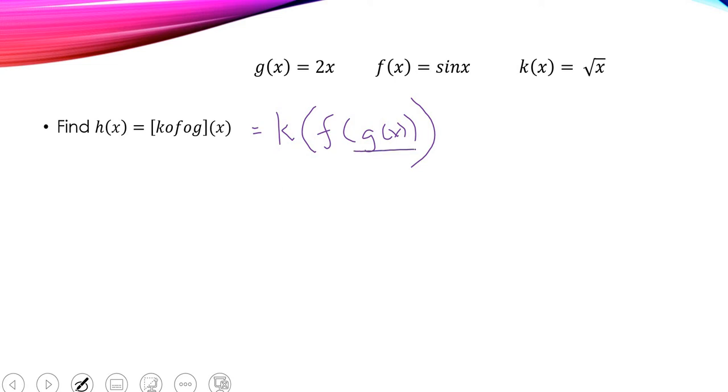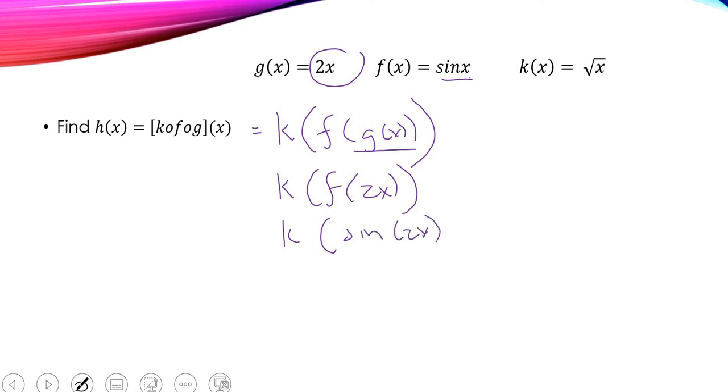Working from the inside out, this is going to be k of f of 2x. f of 2x is plugging 2x into my f function, so now I have the sine of 2x. And k of sine of 2x is plugging sine of 2x into k. So the square root of the sine of 2x is the function k of f of g of x. So just putting one inside the other, one after the other, until we have a completed function.